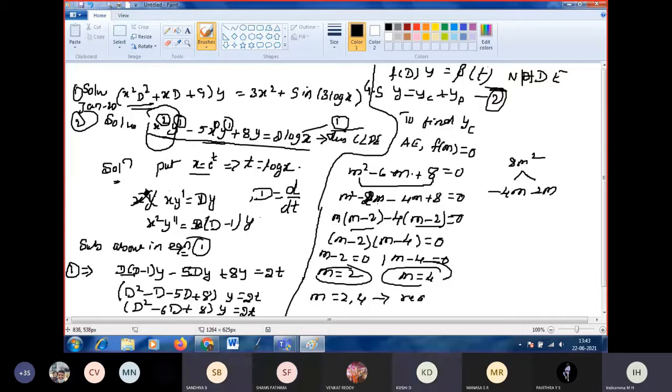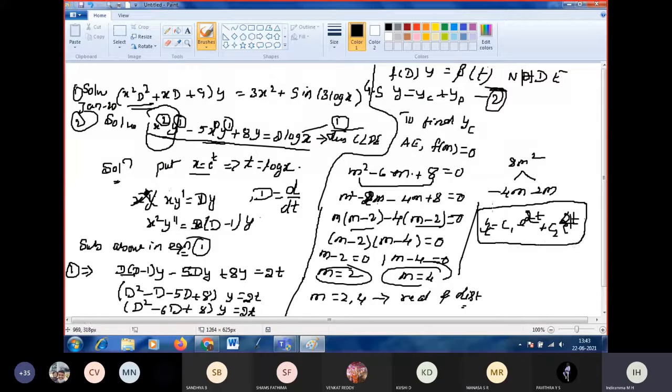So if it is real and distinct, how do we write yc? yc is equal to C1 e to the power 2t plus C2 e to the power 4t. Don't write x, it should be t. So yc is equal to C1 e power 2t plus C2 e power 4t.